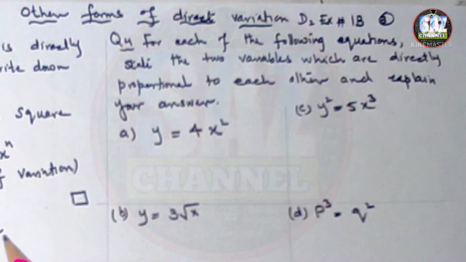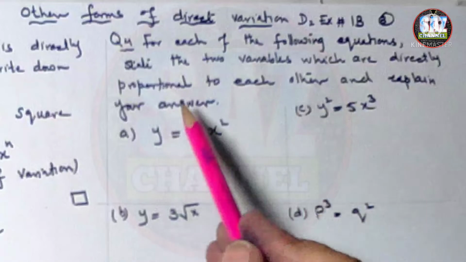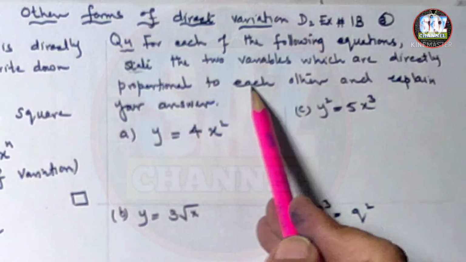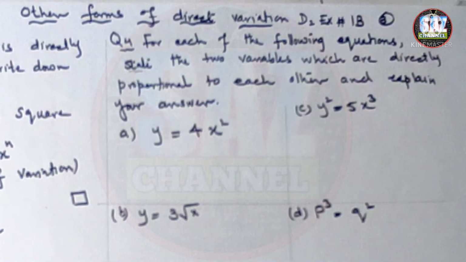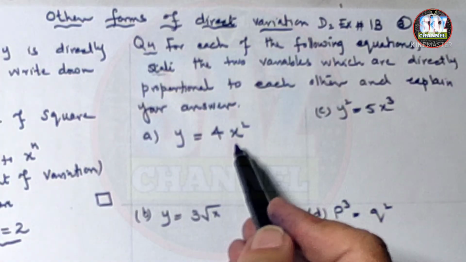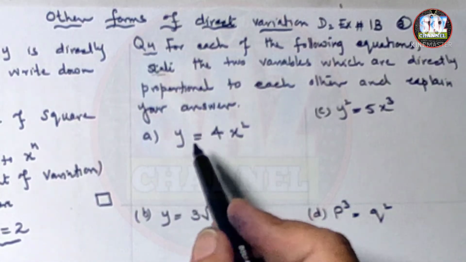The next question, question 4 says, for each of the following equations state two variables which are directly proportional to each other, and we have to explain the answer as well. So very easy questions. We know that when two quantities are in direct variation, one quantity is k times the other variable.